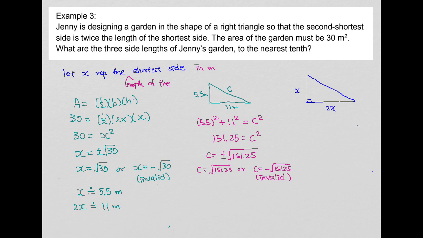So let's do square root of 151.25 and round it to one decimal place. You will see it's approximately 12.3 meters. Therefore, the three sides are approximately 5.5 meters, 11 meters, and 12.3 meters.